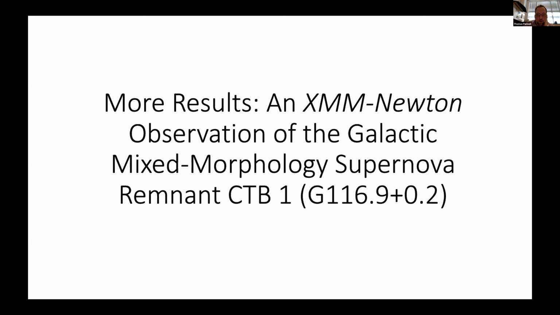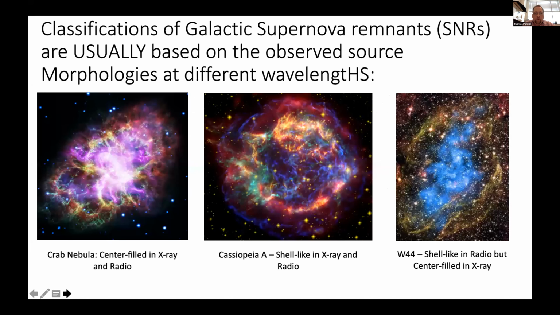First, I'd like to talk a little bit about the classification for mixed morphology remnants, such as CTB1, which is over here. The classification of remnants has often been in two main categories: those which are center-filled in the X-ray and center-filled in the radio.